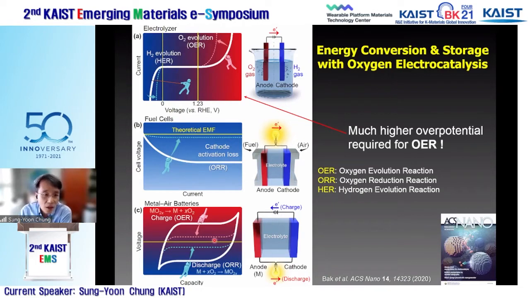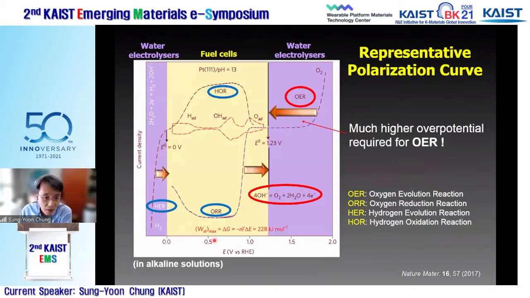So I think the oxygen evolution and reduction reactions are the key electrochemical reactions in many electron and energy conversion and storage devices.